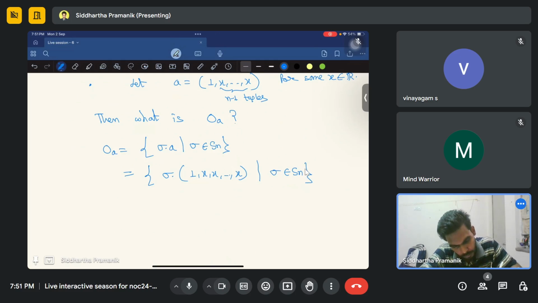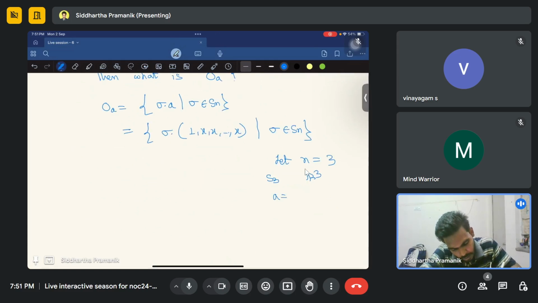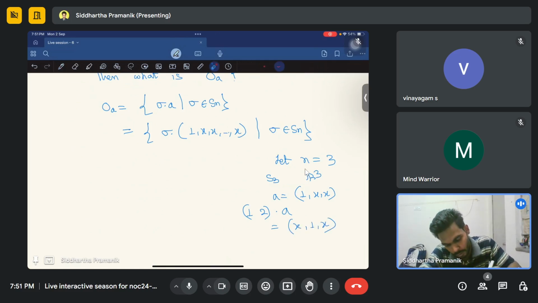So let n be 3, so we have S3 and the set is R3 and A is your element 1 comma x comma x. Now let's apply this permutation (1 2) on A. Then what does it do? It is just x comma 1 comma x. It just permutes the first and second coordinate. So first coordinate goes to second coordinate and second coordinate goes to first coordinate.